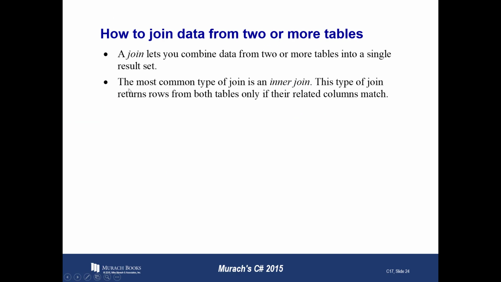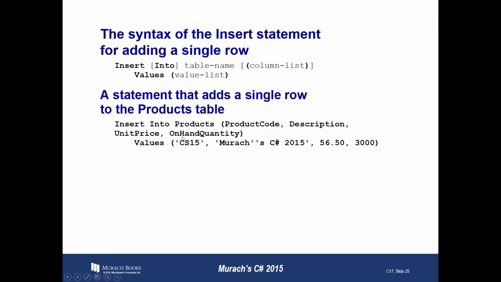Now I showed you a join and went over the components. Here is an insert. I want to insert into the products table a product code of CS15, a description of Murach's C# 2015, a unit price of $56.50, and an on-hand quantity of 300.